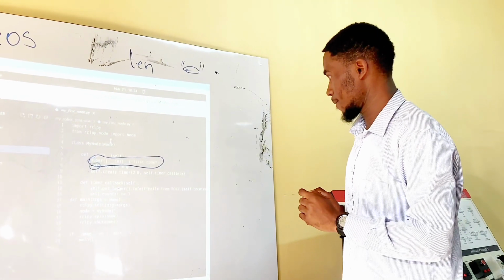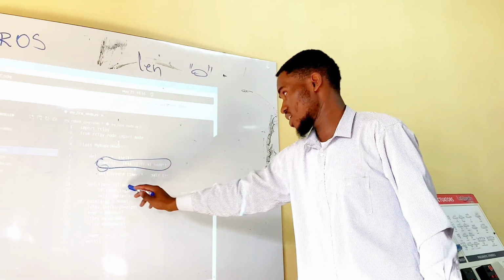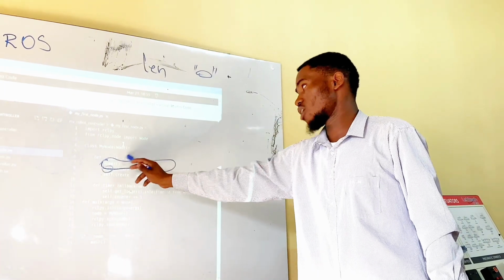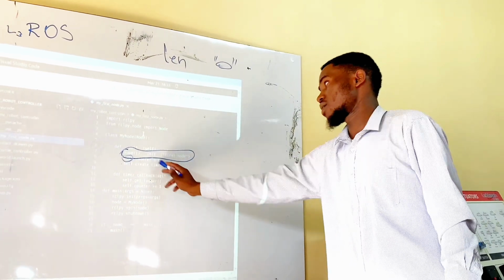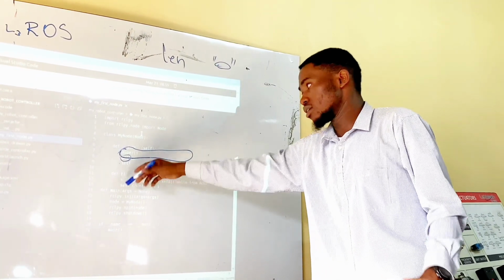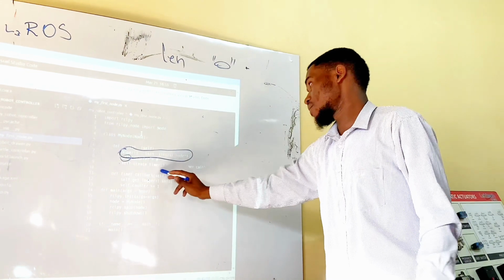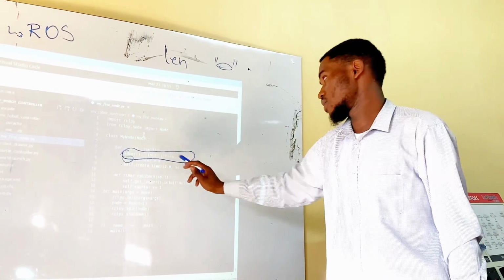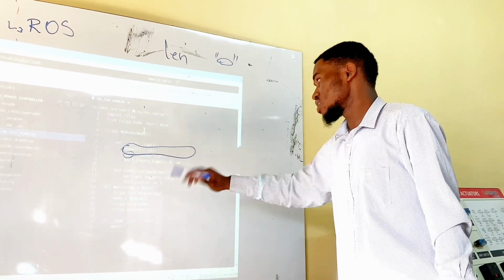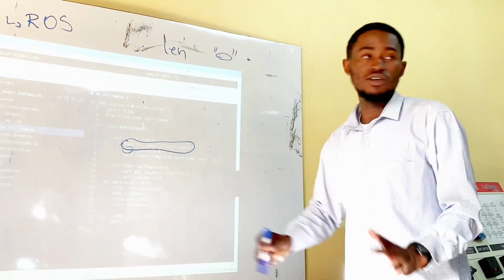So you have self creates timer, because in the class you have self here, and then you say self creates timer. That means in this class you created a timer. You see, self counter, self get logger, self keep moving.